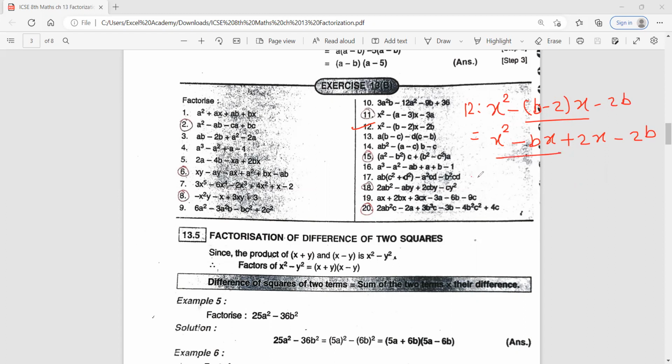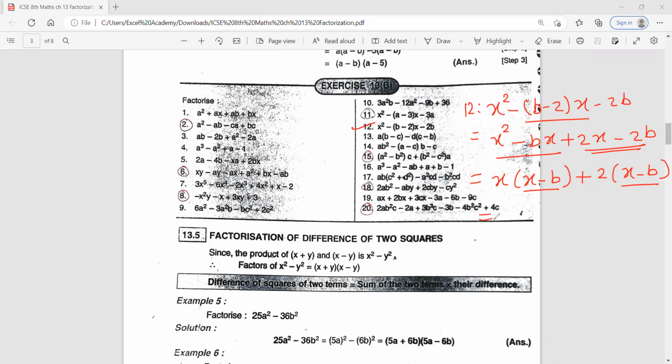Now, if you look at the first two terms, what common can you take? X. What remains inside the bracket? X minus b. Plus, what common can you take? 2. What do you get inside? X minus b.